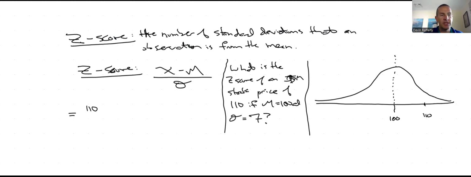I simply do 110 for my x minus mu, which is 100, divided by 7. X minus mu, my average was 100, and my sigma is 7. So 110 minus 100 divided by 7, this gives me 10 over 7, which comes out to be 1.43.